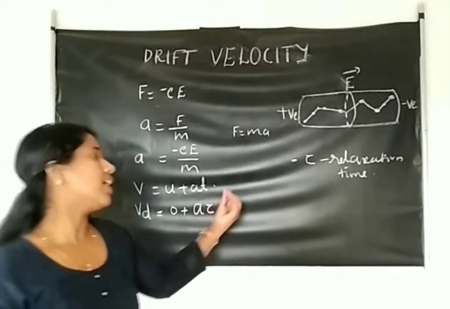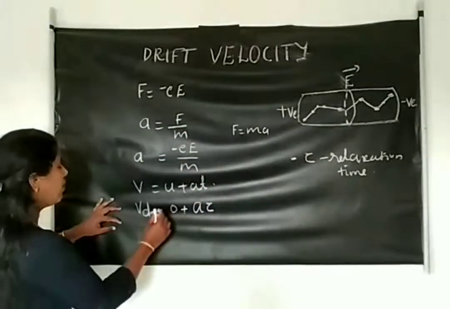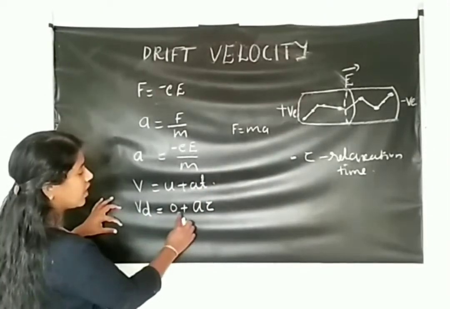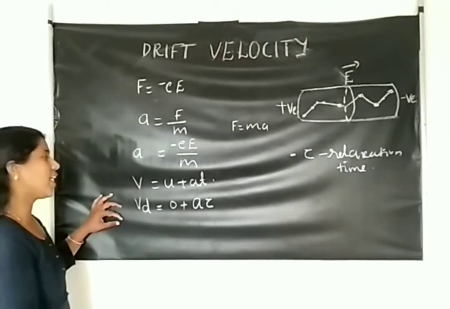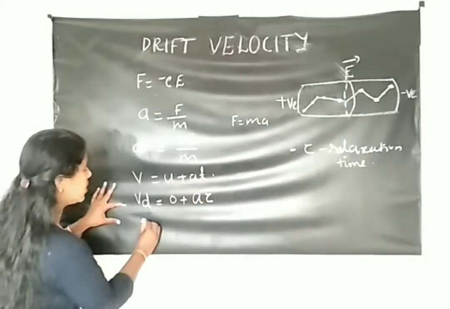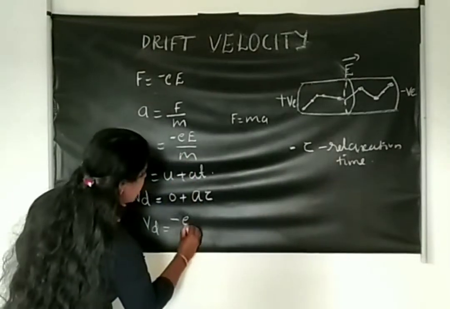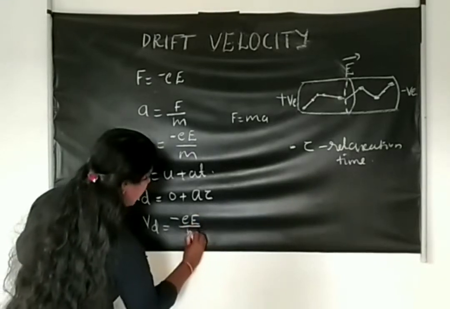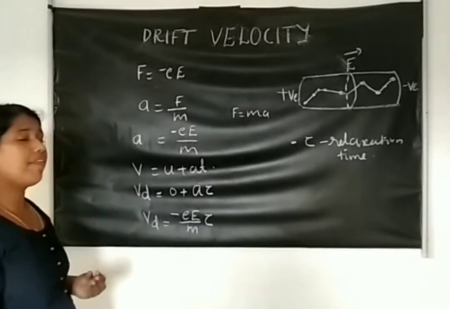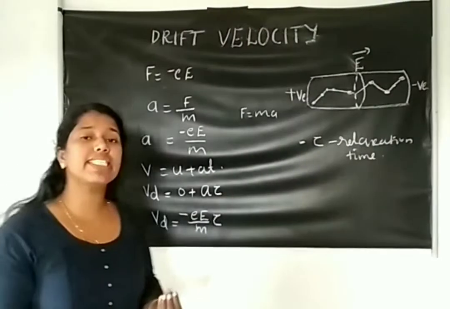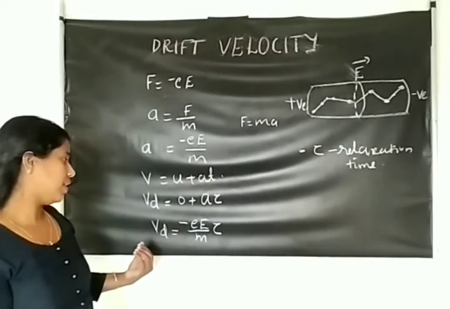Then we get vd = a tau, so vd = (-eE/m) into tau. Our final equation is -eE tau divided by m.